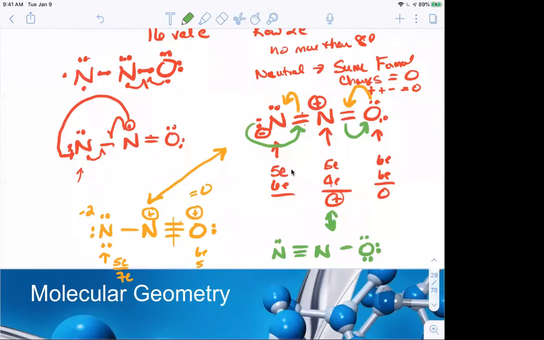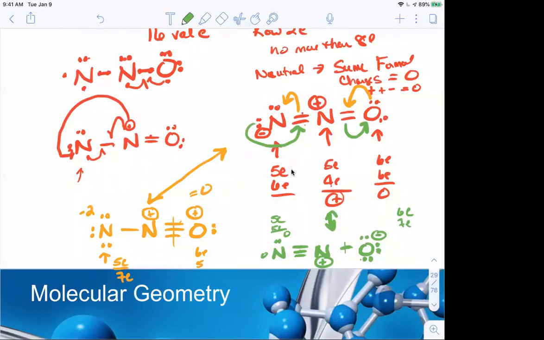So nitrogen has 5, 1, 2, 3, 4, 5. That's 0. So that nitrogen has a 0 charge. 1, 2, 3, 4. This nitrogen has a plus charge. 1, 2, 3, 4, 5, 6, 7. Oxygen should have 6 electrons. It has 7. That has a negative charge. Plus and minus is equal to 0.